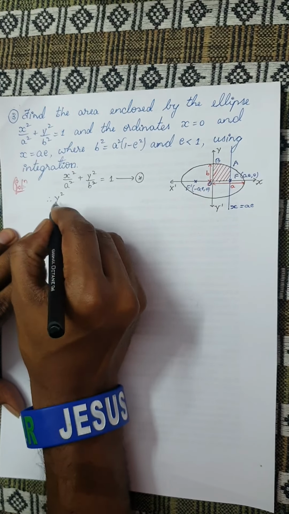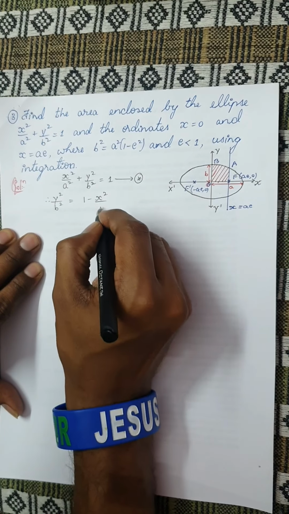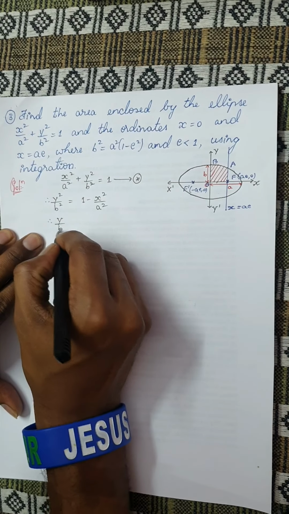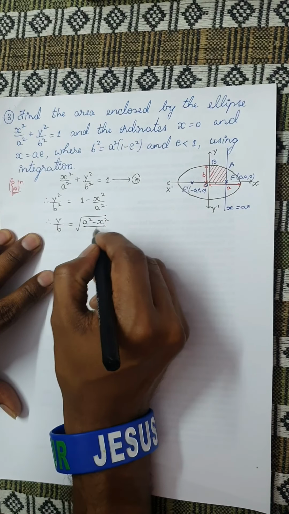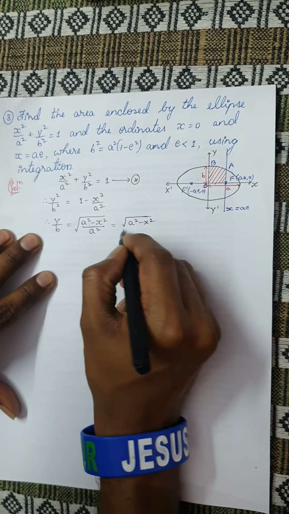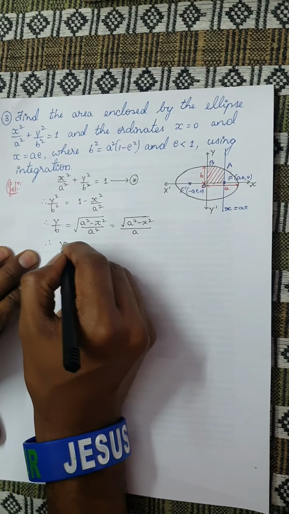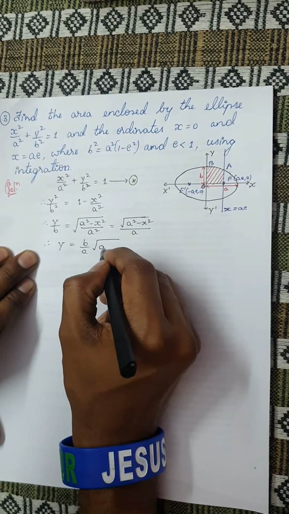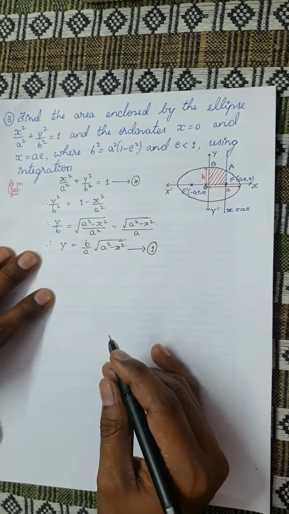Therefore, y²/b² = 1 − x²/a². Taking the square root, y/b = √((a² − x²)/a²), which is nothing but √(a² − x²)/a. Therefore, y = (b/a)√(a² − x²), and let me take this as equation 1.